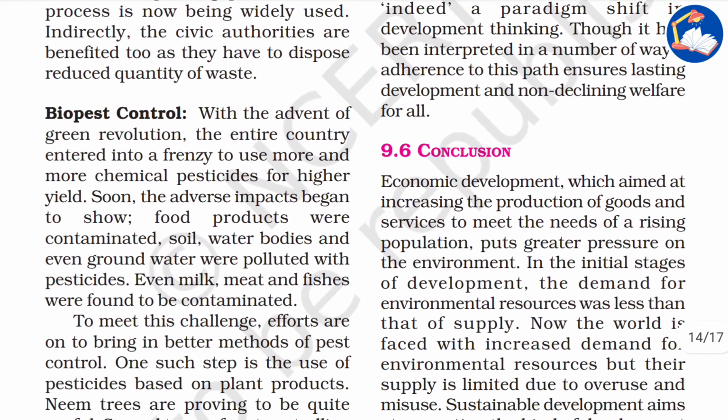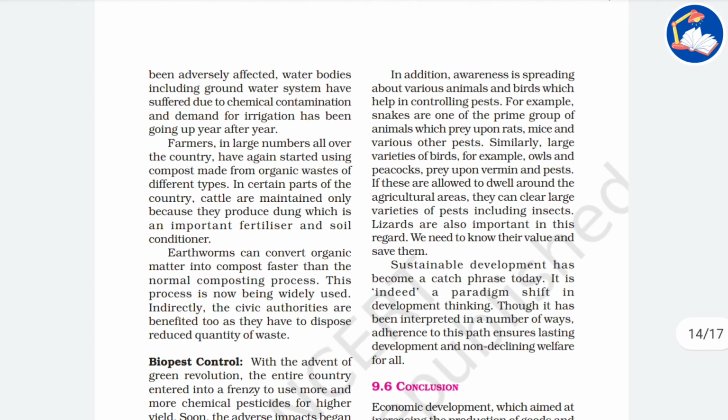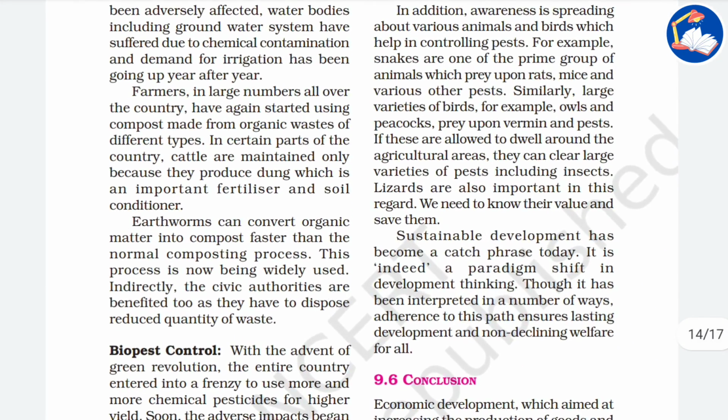Now, biopest control. Most of the time in our agriculture sector, we use chemical pesticides in order to ward off certain pests. But these chemical pesticides have adverse environmental impacts, negative impacts on the environment.